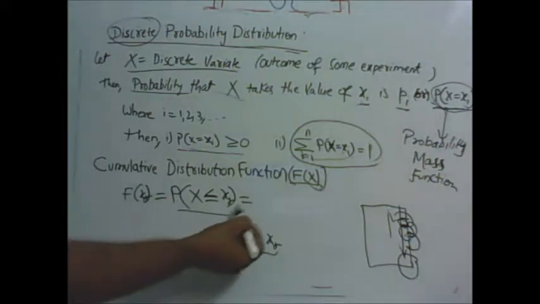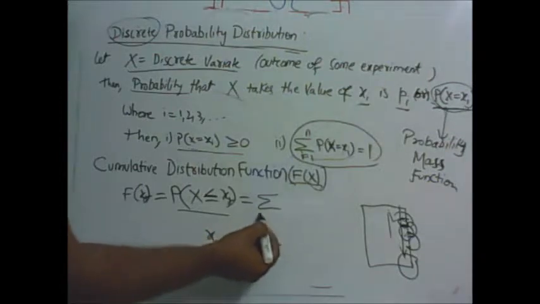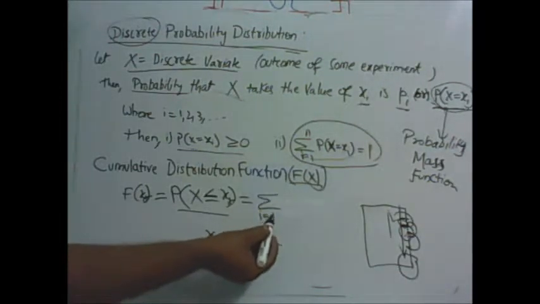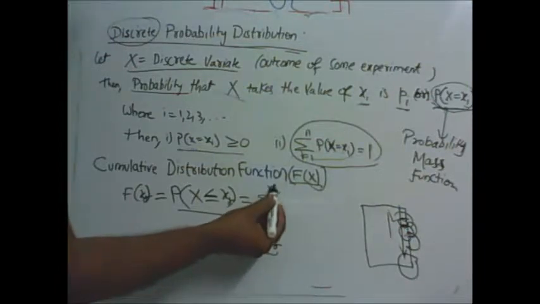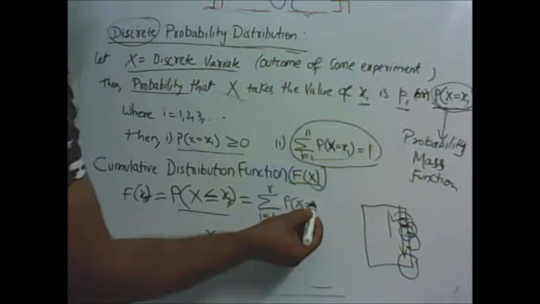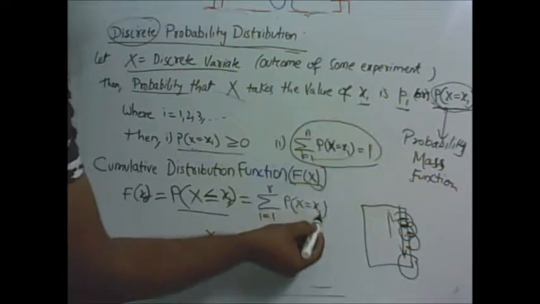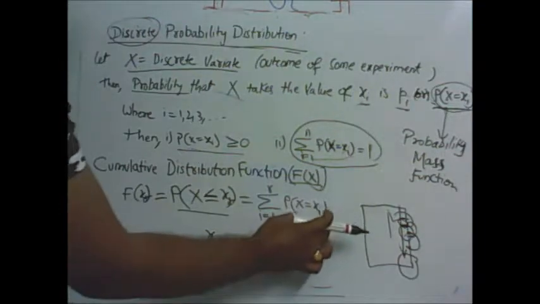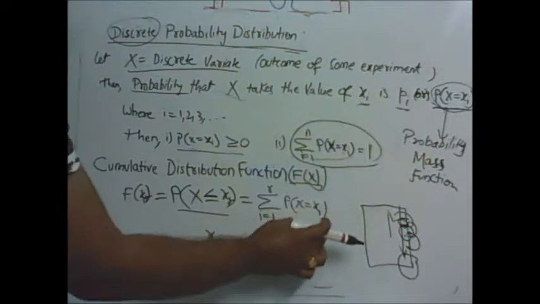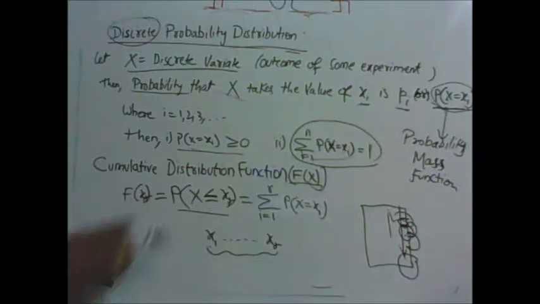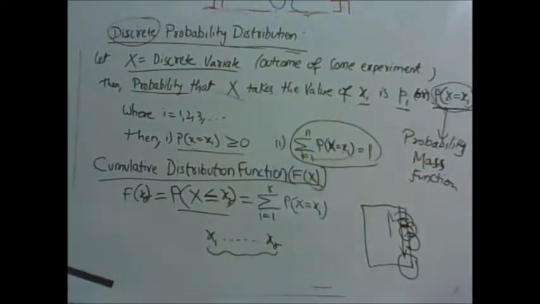This is nothing but the summation of all the probabilities from the first value of the random variable to the rth value, p of x equal to xi, where i goes from 1 to r. So the summation of p of x1, p of x2, p of x3, and so on will give you f of xr, the cumulative distribution function.